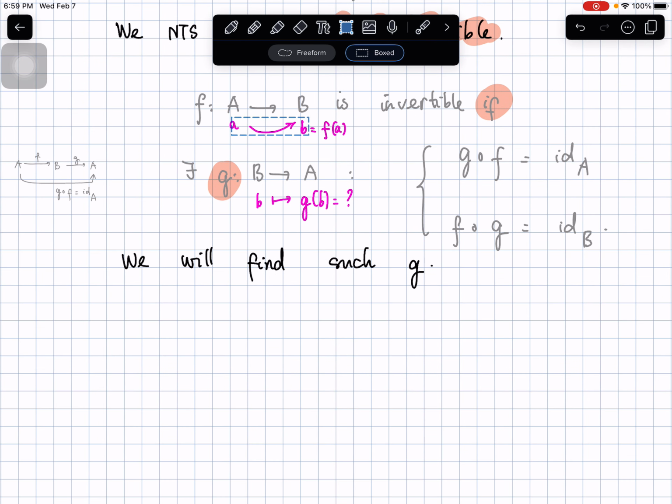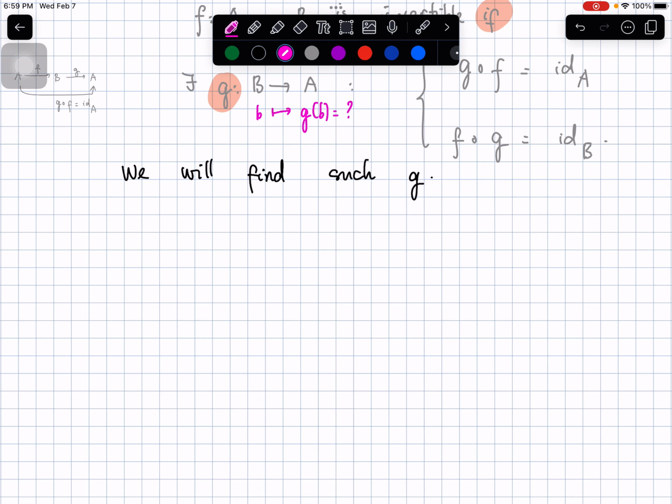So that's how we prove it. So now let b be an element in B. We will construct g of b. Okay, or we define g of b.